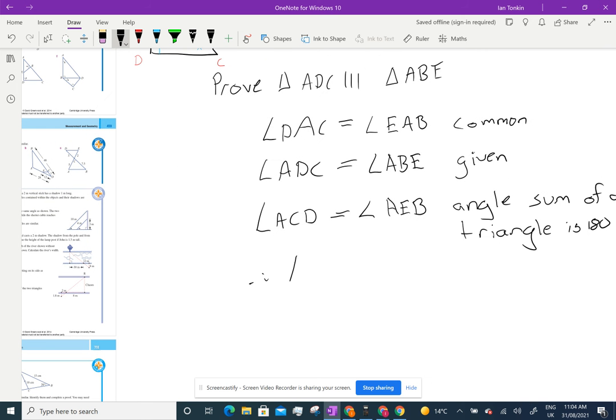Therefore, triangle ADC is similar to triangle ABE, equiangular. Most of the time, when you do these, you will get equiangular. So that one was a hard one.